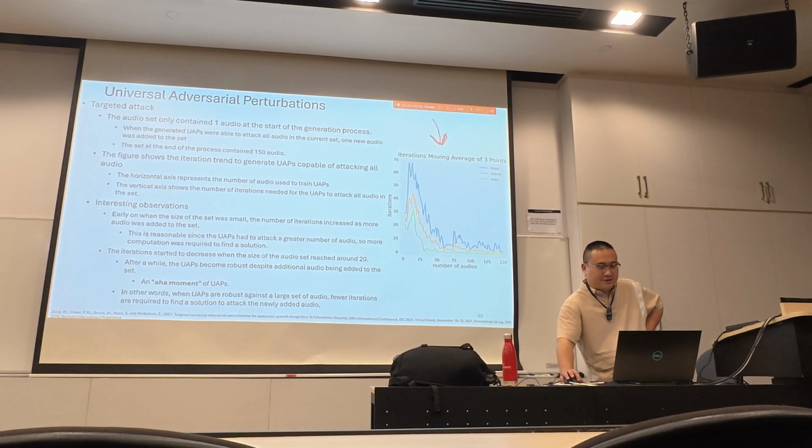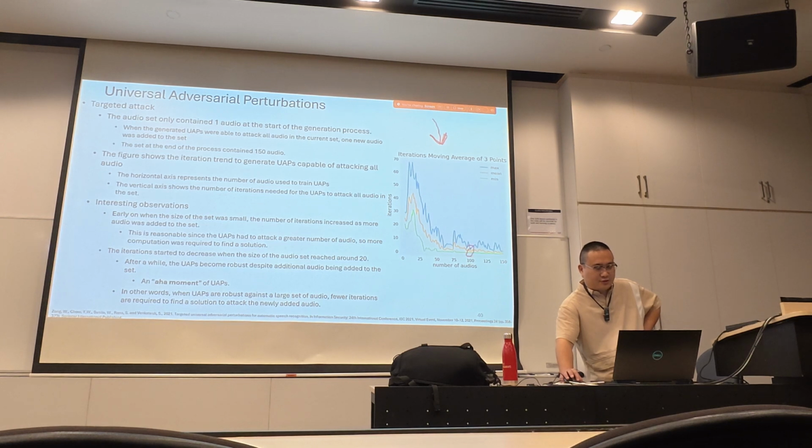And it's similar in this UAP generation. So when the UAP is already robust against 100 audios, then even if we add a new audio to the set, the UAP highly likely is still robust against the new audio. So in some cases, maybe we just need to slightly modify the UAP a couple of times. So the UAP can be adapted to the newly added audio.